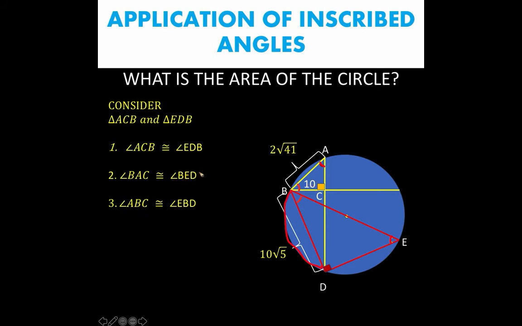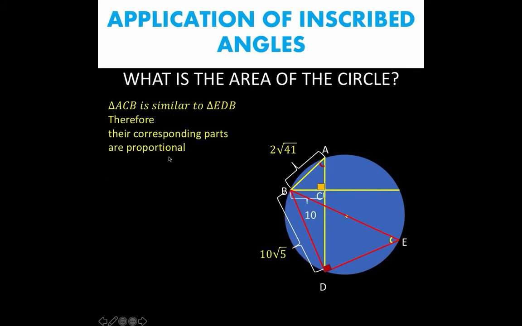At this point, we have just shown that the three angles of these two triangles, triangle ACB and triangle EDB, are all congruent. And so from these three statements, we can conclude that triangle ACB and triangle EDB are similar triangles. And when two triangles are similar, then their corresponding parts are proportional.